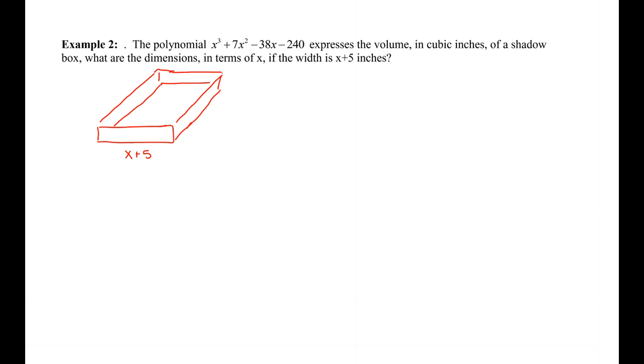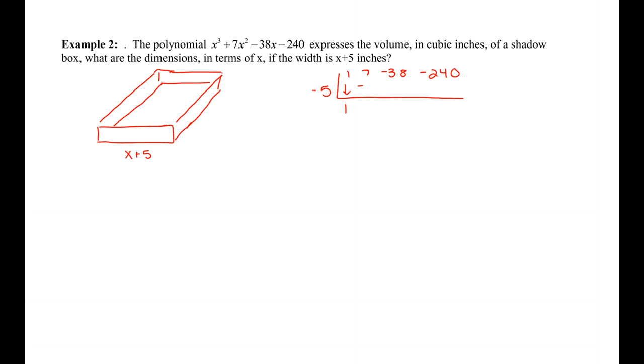Since I already know the width and I know my polynomial function, I can use synthetic division to come up with another polynomial. So I'm putting negative 5 on the outside, and I'm going to use the coefficients 1, 7, negative 38, and negative 240.